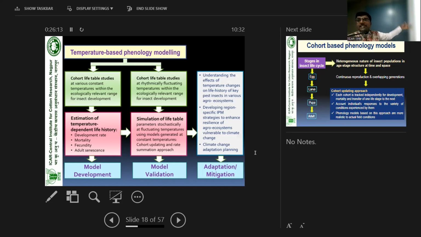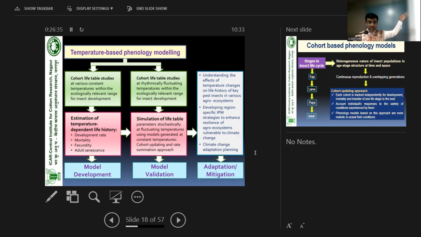Once the model is developed, again a question comes to mind. I don't know whether it came to your mind or not: we have developed the model at constant temperature, and this is not the case in the field. Field conditions are not constant; they are diurnally changing, fluctuating, dynamic, and that too under changing climate.